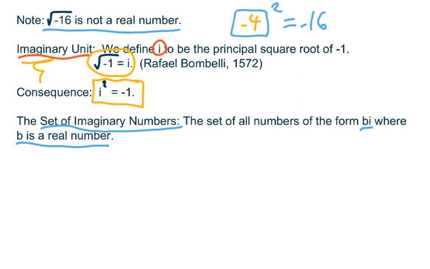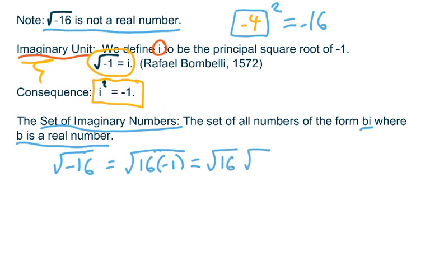So, for example, let's go back to this principal square root of -16, and we're going to do a little factoring here. The radicand, -16, could be written as 16 times -1. And if I consider that the principal square root of a product is the product of the principal square roots, I can write that as the principal square root of 16 times the principal square root of -1.